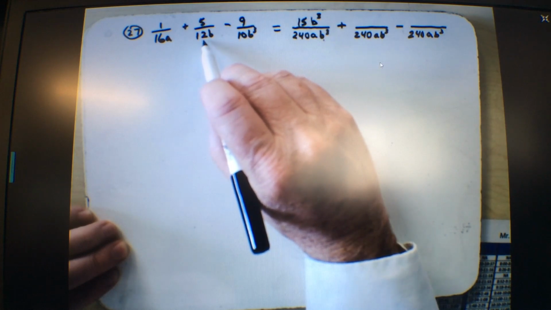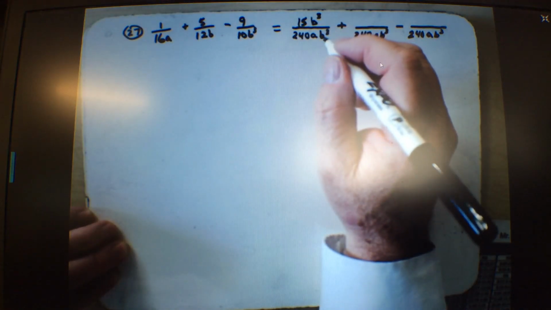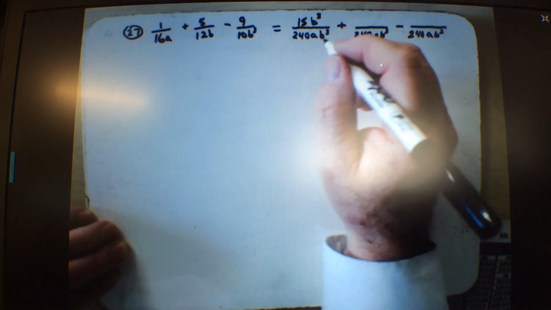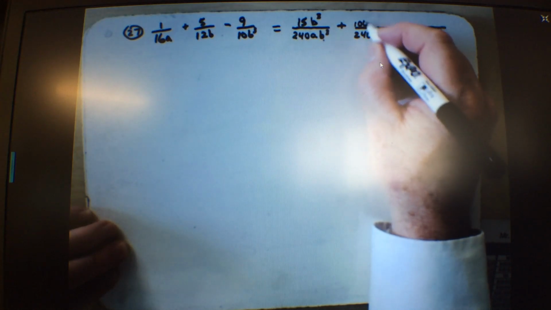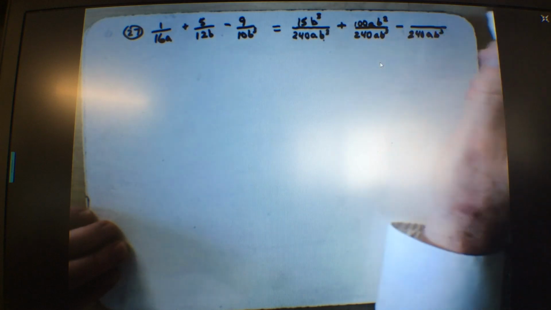5 times 20 is 100. 12 times 20 is 240. So 5 times 20 is 100, with a and b squared. I need an a, and I need a b squared.